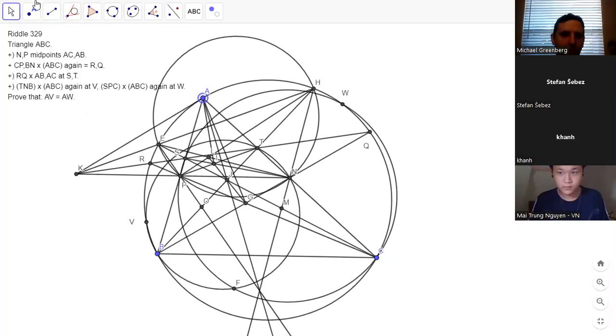I don't think O, G, and M are collinear, but let me just check. Yeah, that's not true. But yeah, that's a good theorem to know, that RQ, the tangent at A, and PN concur.